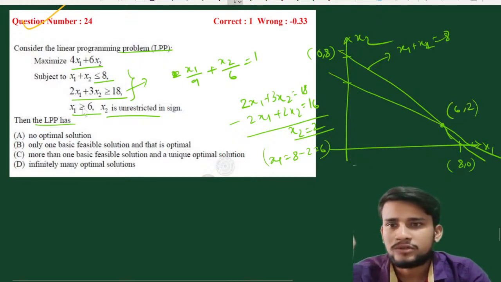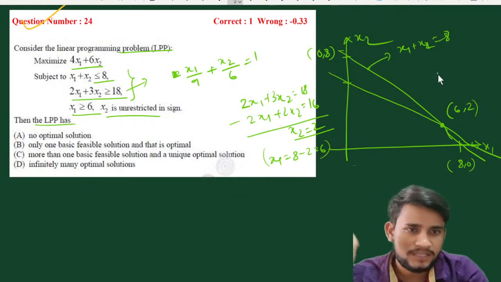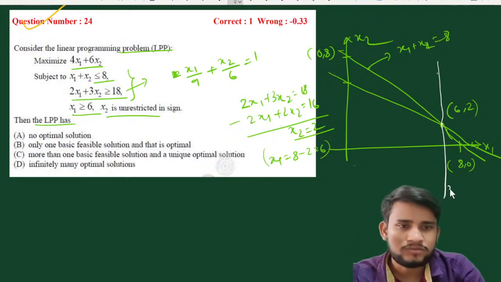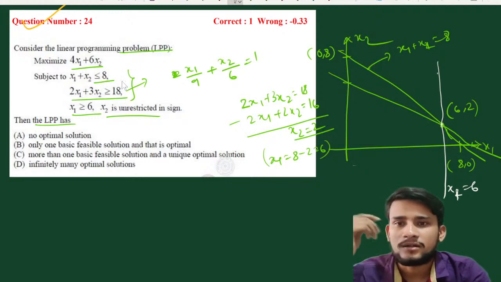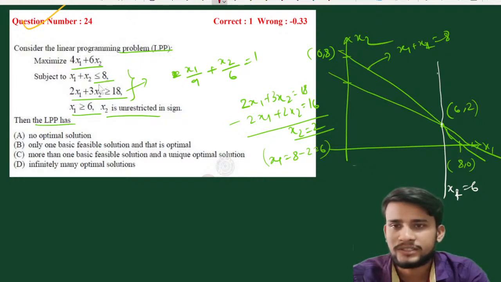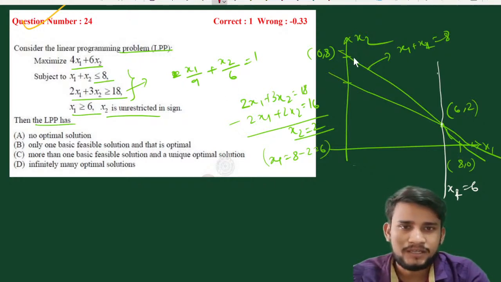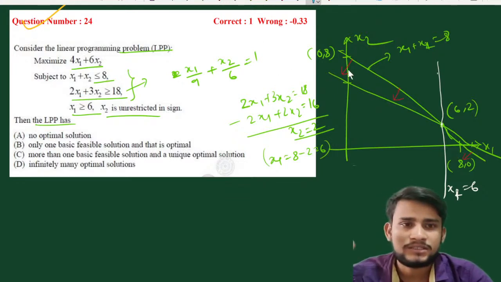Now we draw the third line, x1 greater than or equal to 6, that is x1 equal to 6, and the line passes through this intersection also. Now for the regions: for x1 plus x2 less than or equal to 8, if we put (0, 0) it is satisfied, so this side is the region. For the second, if we put (0, 0), then 0 greater than or equal to 18 is false, so the region is the outside.